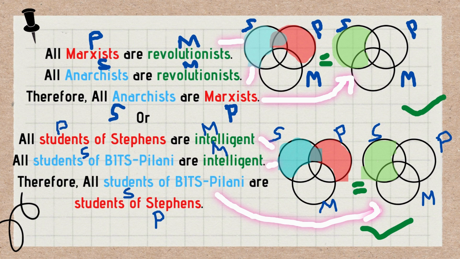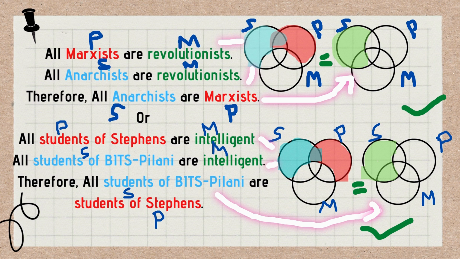That's why I said you should not depend upon the Venn diagram. We must first check the moods and figures for validity, and only then perform a Venn diagram. Even though the syllogism has committed a fallacy, the Venn diagram shows it is valid.